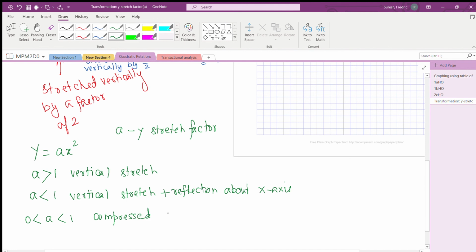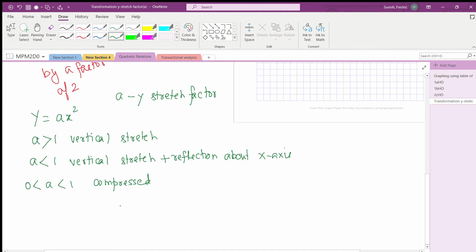But like I said before, we never use that word compressed in our course. We'll always say stretched by a factor of a half, stretched by a factor of a third. So we will still use the word stretched when we write our answers, but this is for making some good notes, okay? What about if it is between 0 and -1?